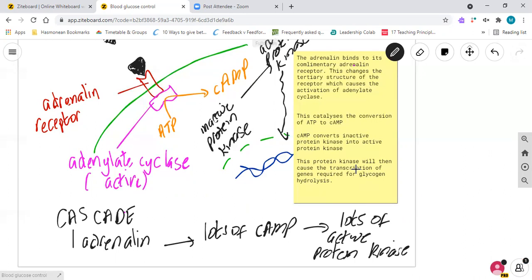Obviously, you need to know about the secondary messenger model. You're expected to understand it. It's also useful if you're writing an essay, for example, on the role of ATP, because you can talk about conversion to cyclic AMP, or if you were talking about nucleotide derivatives, because ATP and cyclic AMP obviously both come from nucleotides, because they both have the pentose sugar and the adenine and a phosphate or more.